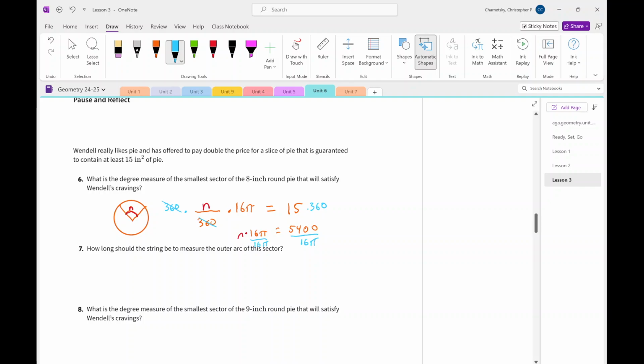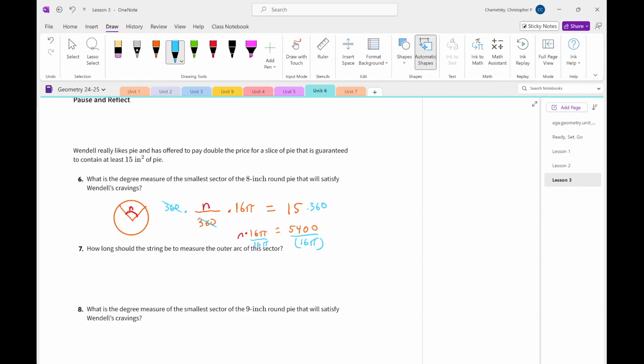Now be careful when you are dividing on your calculator by 16 pi. Make sure you put parentheses around that, because your calculator will be confused and think you mean divide by 16 and then multiply by pi, and you'll get an answer that is not correct. So put parentheses around your denominator.